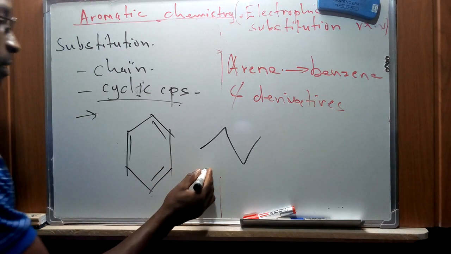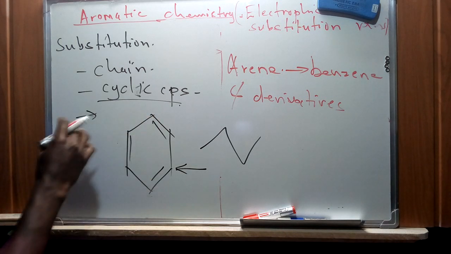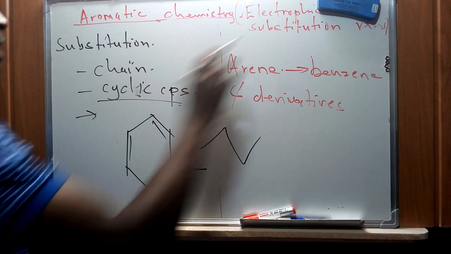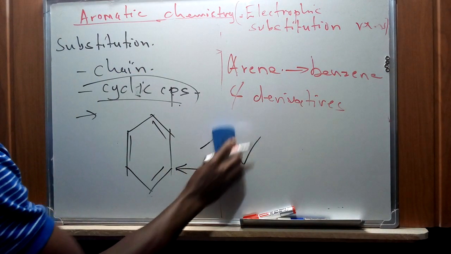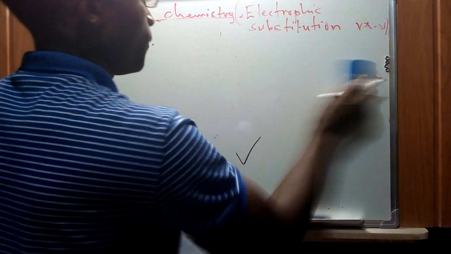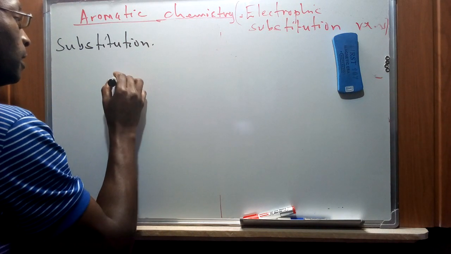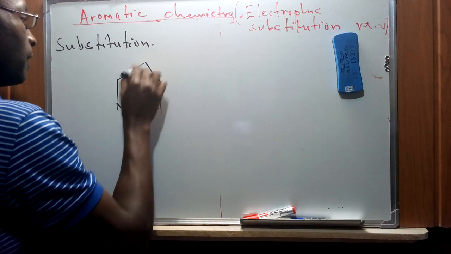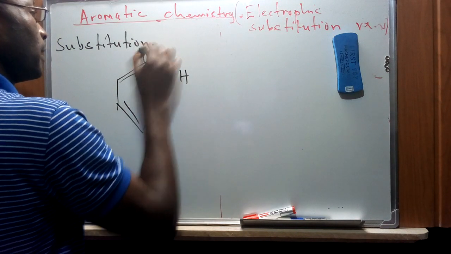In this case, benzene has been demonstrated using the line structure, which is a cyclic compound with alternating single and double bonds. So this structure of benzene is going to lie under the cyclic compounds. And now for the term substitution, we know the molecular formula for benzene, as I've drawn it on the board. So this is a structure.